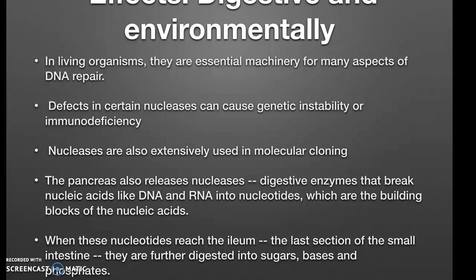But we need this enzyme to break down those nucleic acids so that they can properly become the DNA and RNA that's needed. When these nucleotides reach the ileum, the last section of the small intestine, they are further digested into sugars, bases, and phosphates.